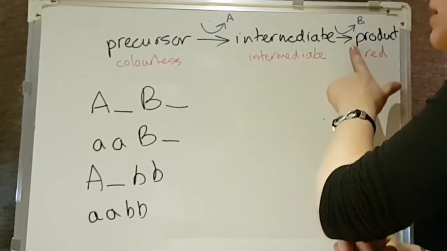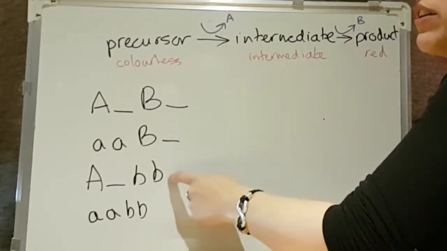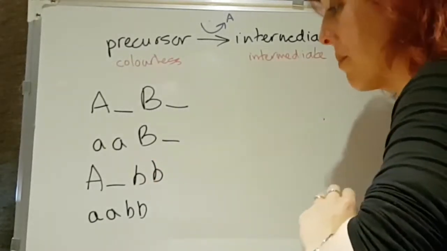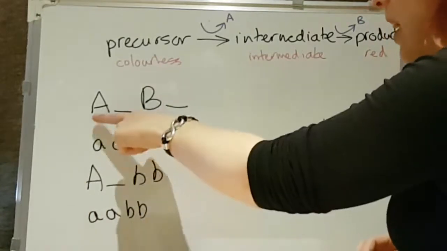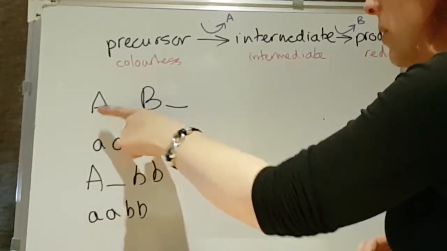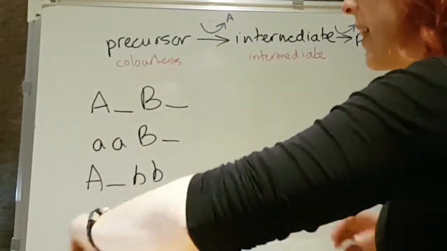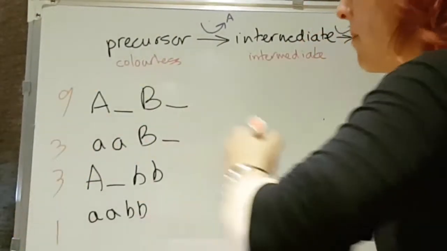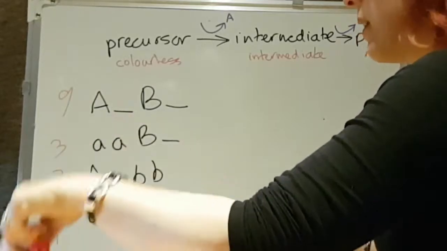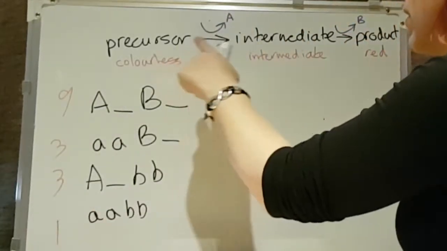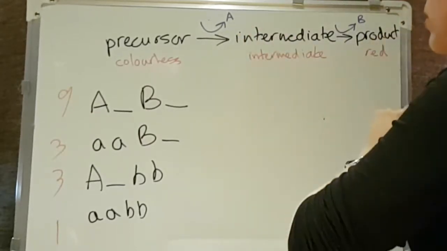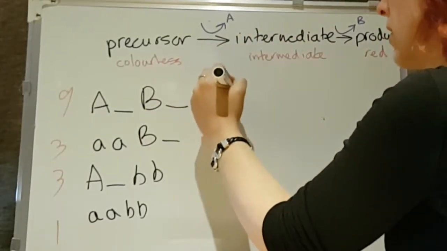Same with enzyme B. If you've got the recessive genotype here, a functional copy of enzyme B will not be produced. So if we have dominant A and dominant B, we should have 9 of these. Here are our Mendelian ratios again. Then we'll have the intermediate produced and you'll have the product. So they will be red.